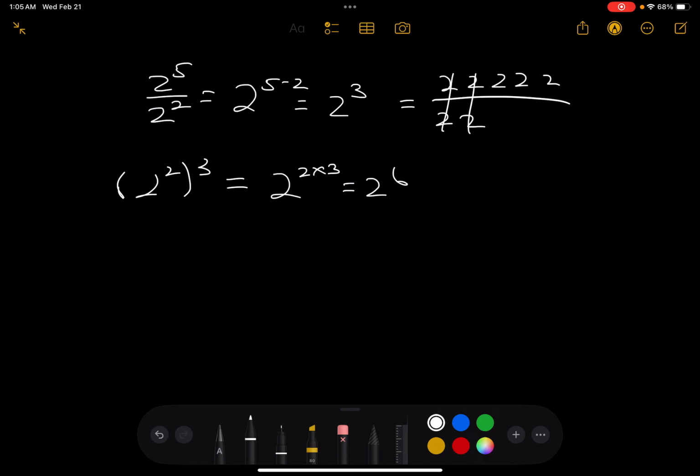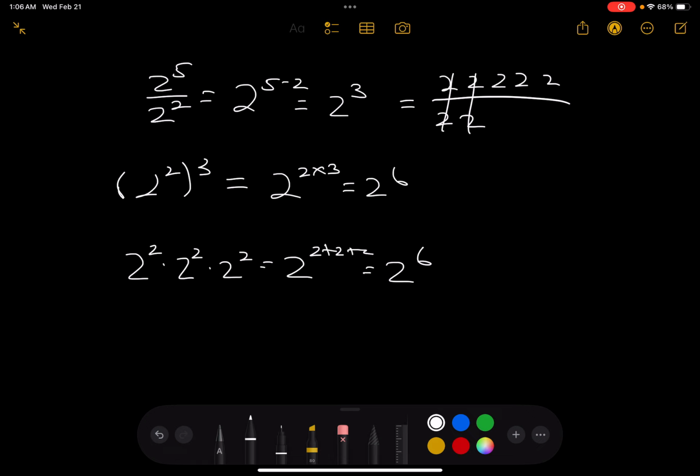Again, based on the rule that we just learned about where we add the powers when you are multiplying with the same base, this is the same thing as 2 to the second times 2 to the second times 2 to the second. And this indeed is going to be 2 to the 2 plus 2 plus 2, which is 2 to the 6.